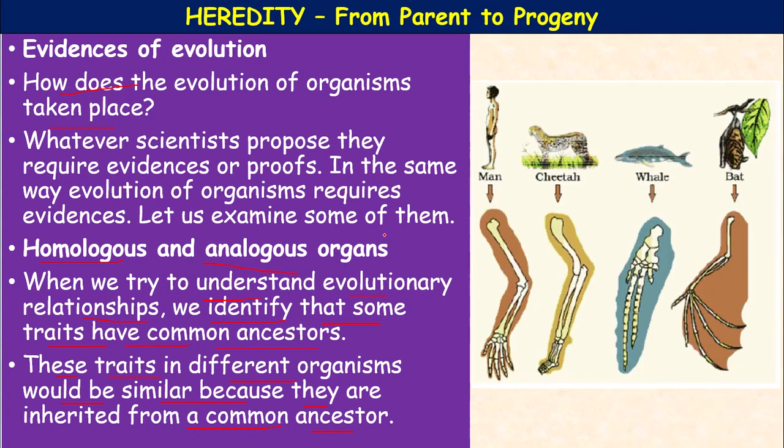So, here the limbs of man, cheetah, whale and bat, all are mammals, so they have a common ancestor. The forelimb is a homologous organ.